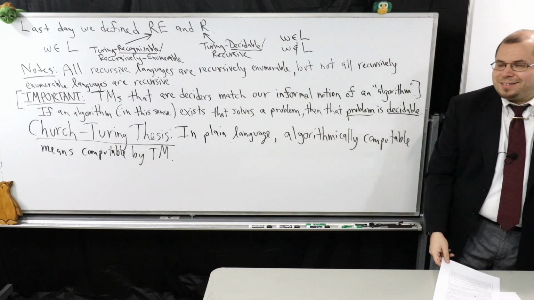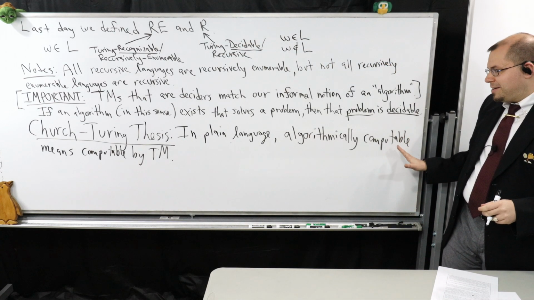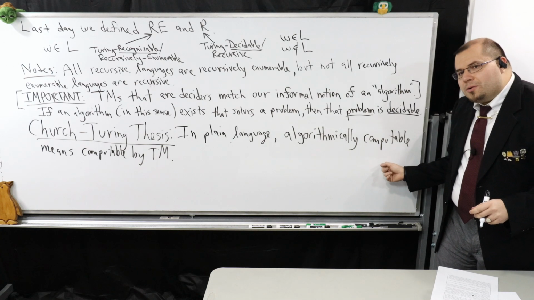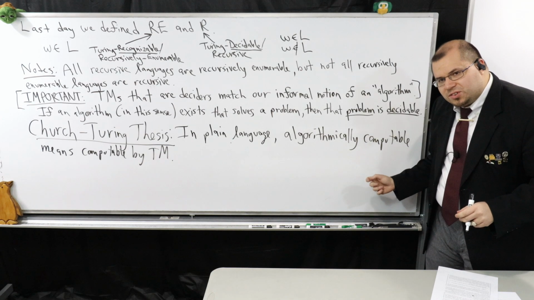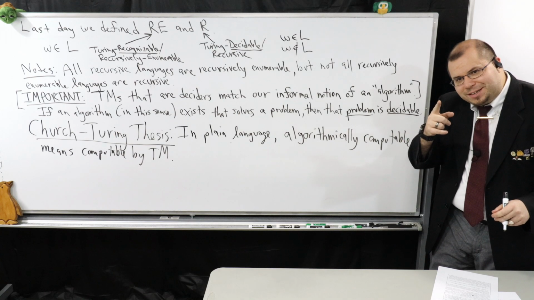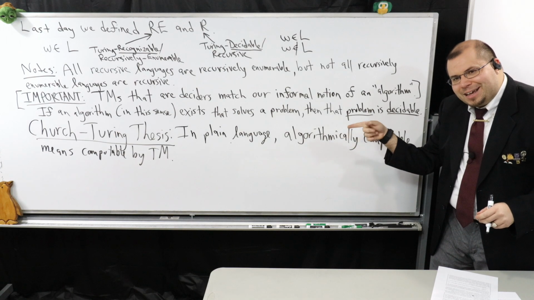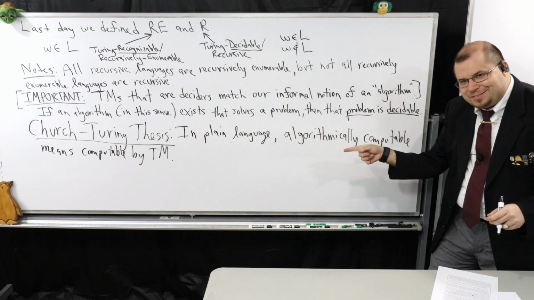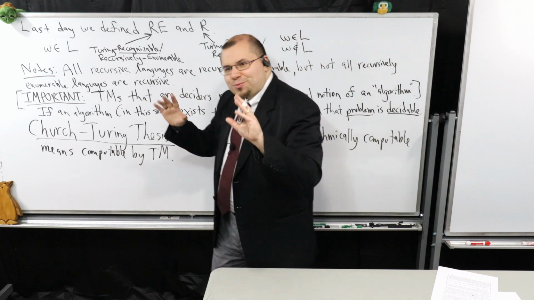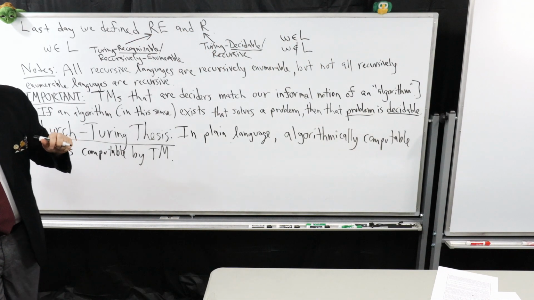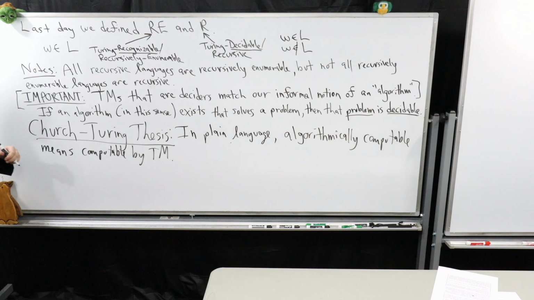So this is the big idea here. If I tell you there exists some algorithm that solves a problem, what I'm telling you is that there is an algorithm that I could describe as a Turing machine. That's where I'm going with this.